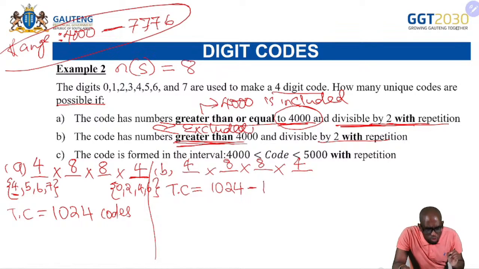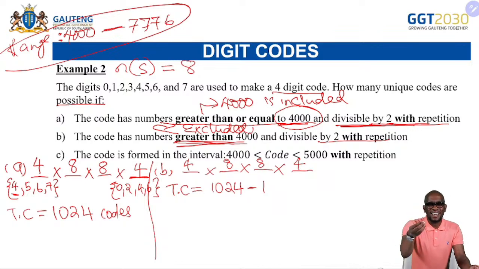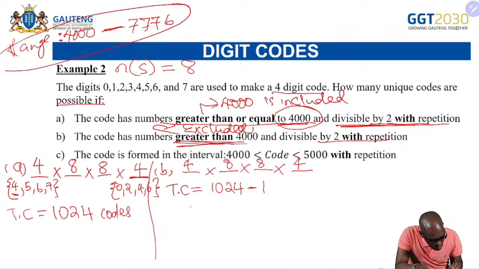However, we need to subtract 1 from the overall codes, because the 1024 codes include 4,000. However, the condition excludes 4,000, because it says it should be greater than 4,000.